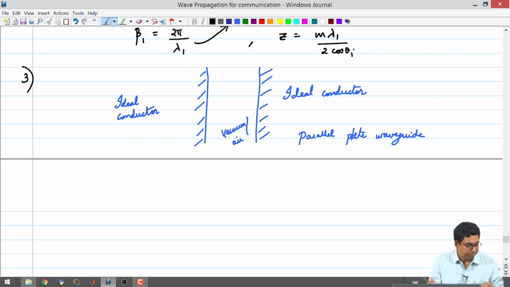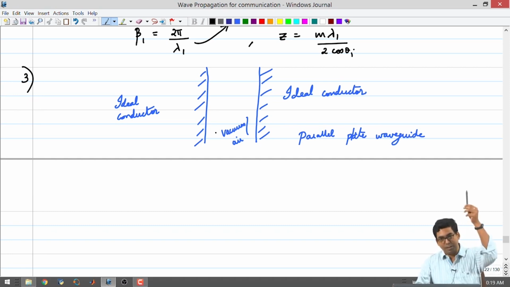The second thing is, I have used an incident angle of theta I in the previous class to denote the angle of incidence. We already know that if theta I is going to be small, if theta I is going to be large, right. If theta I is going to be 0 degrees, which means that I am not having an effective movement going in the positive x direction at all, I am going to be having the wave merely bouncing between these two plates and there is going to be no travel.